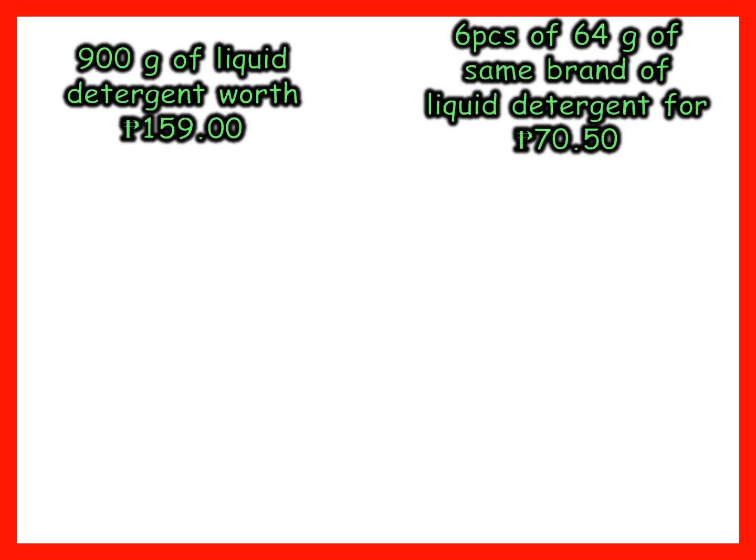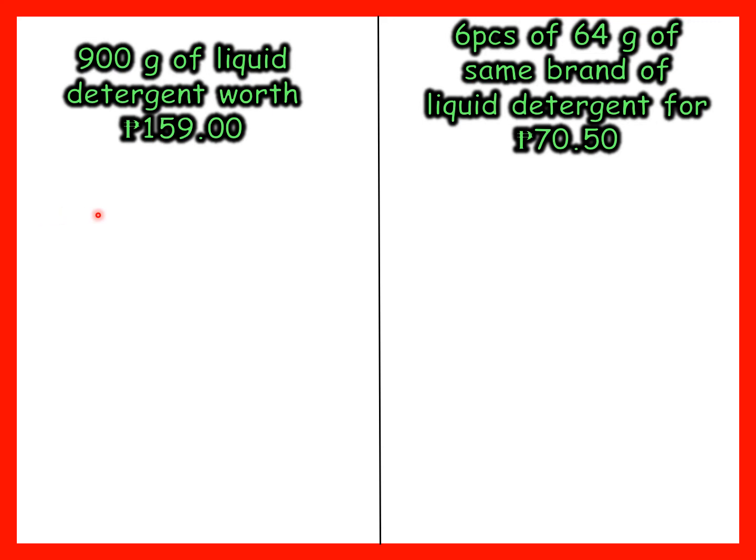So let us first work on the 900 grams. We can write a proportion in this way. As you can see, 900 grams is our antecedent for the left ratio, and we are going to find out how much will be the amount of money to be paid for 1 gram.